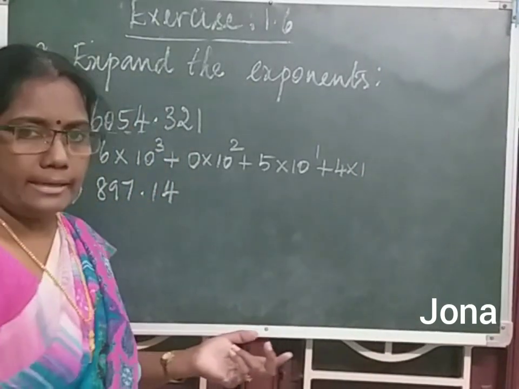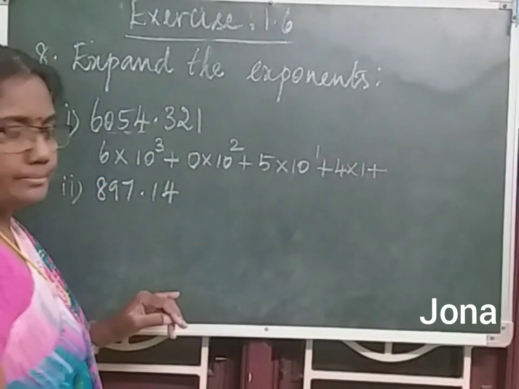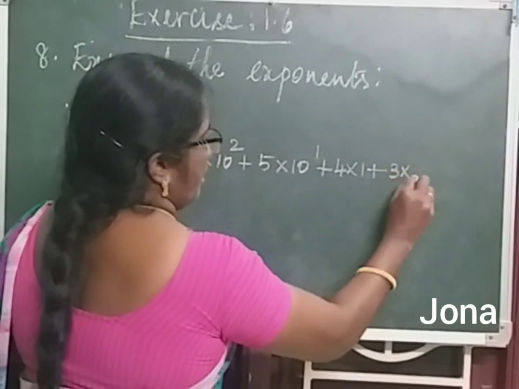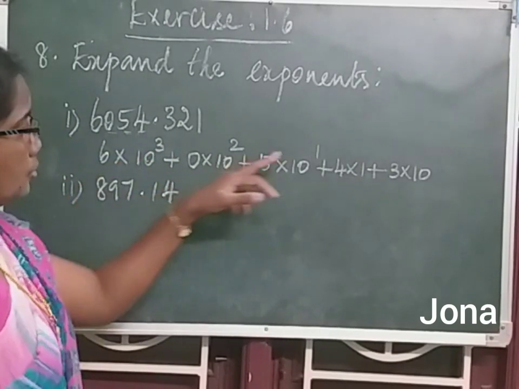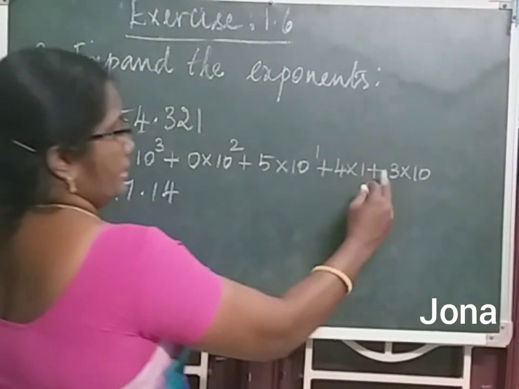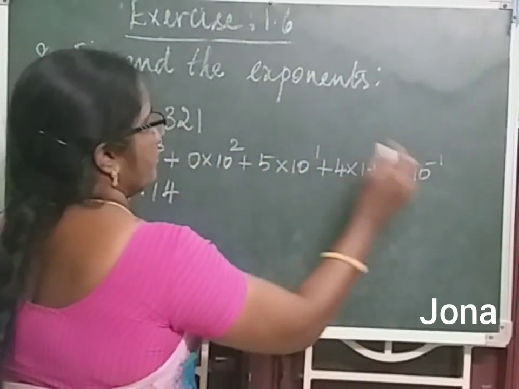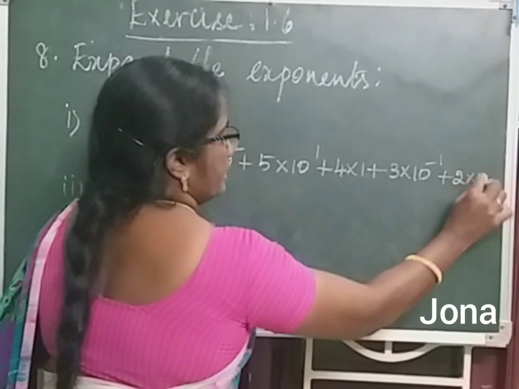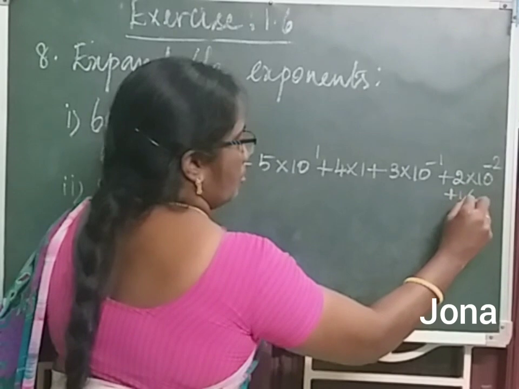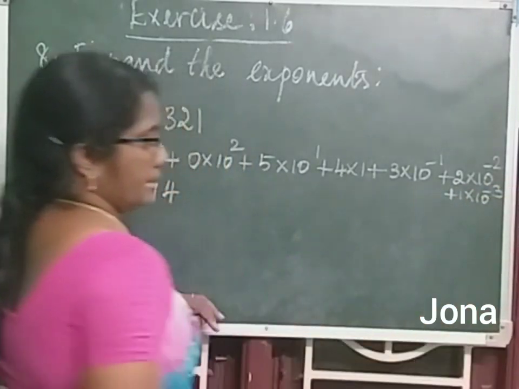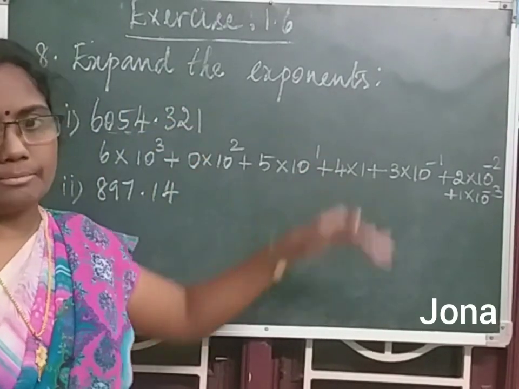Simply we can write 1 here. And then plus, here I have 3. So this 3 into 10 power, decreasing form 3, 2, 1 like this, so here 0, and after that I want to write minus 1. And then again for this 2 into 10 power minus 2, and then for this 1 into 10 power minus 3. So I just want to write the powers in decreasing form.